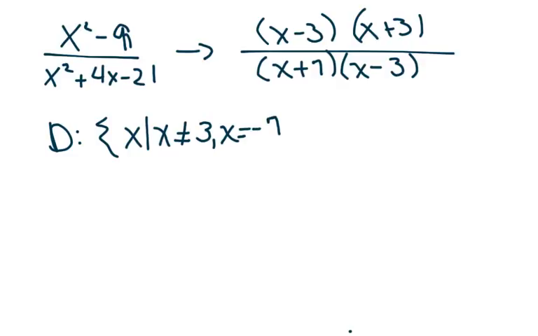Okay? So now, if we reduce this equation, it means I can cross out these two. This is called here the depressed equation.